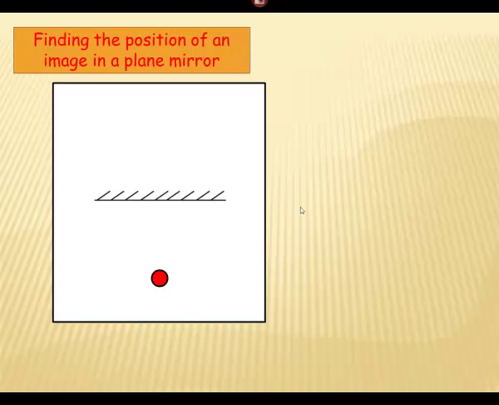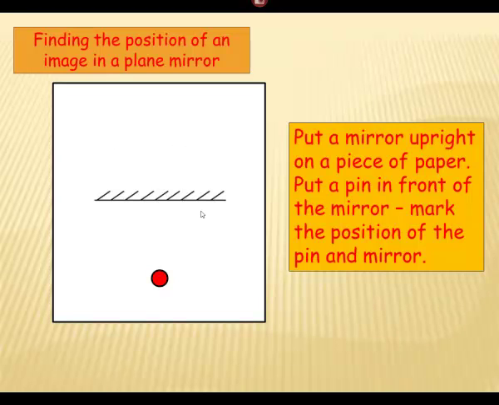Right, now let's think how we're going to find the position of this image in a plane mirror in more detail. For this we need a plain bit of paper, a pin, and a mirror. So we put the mirror upright on our plain piece of paper, we put a pin in front of the mirror, and we mark the position of both using a pencil.